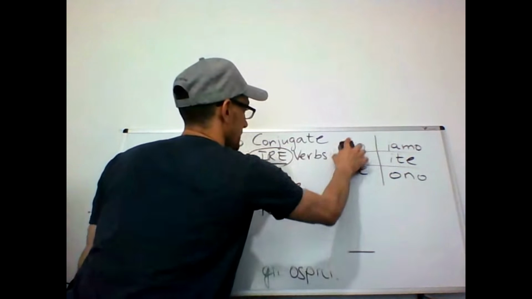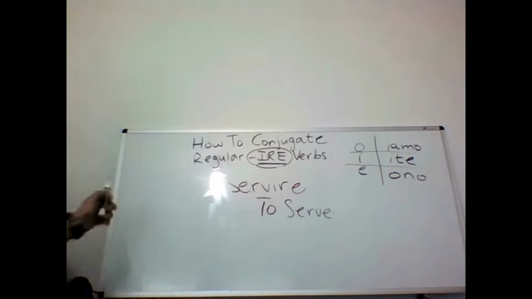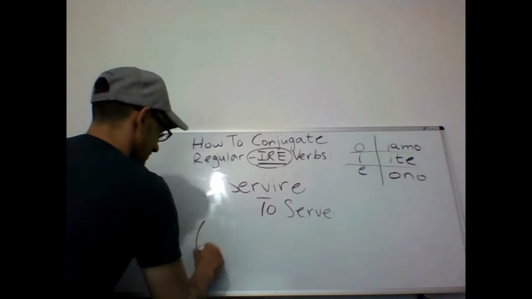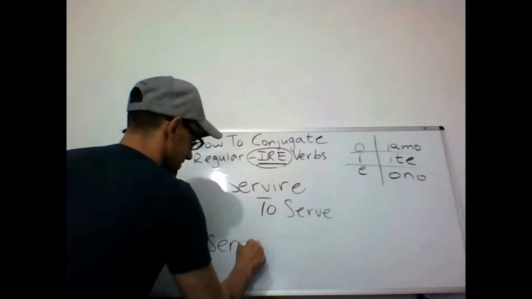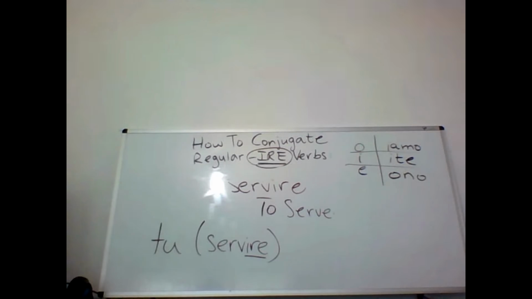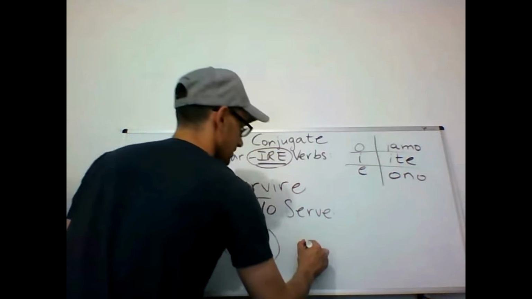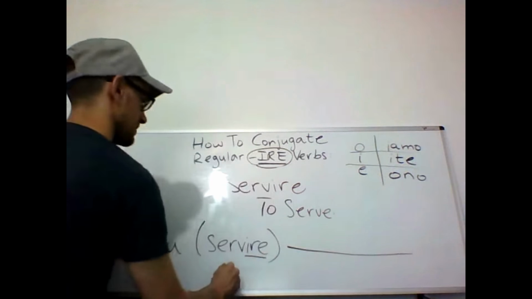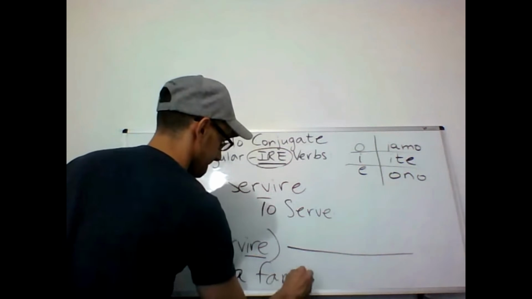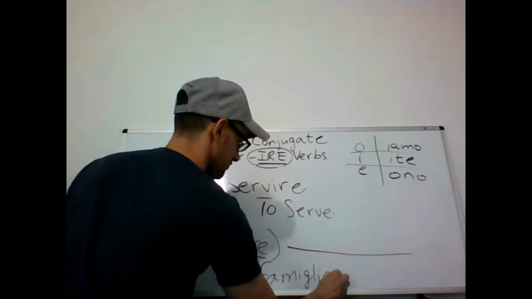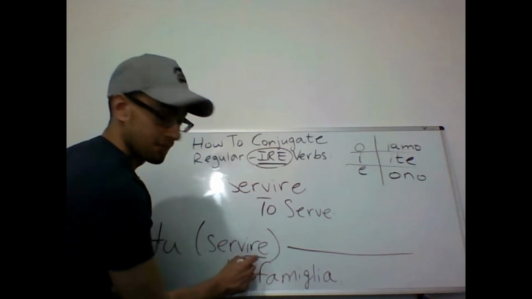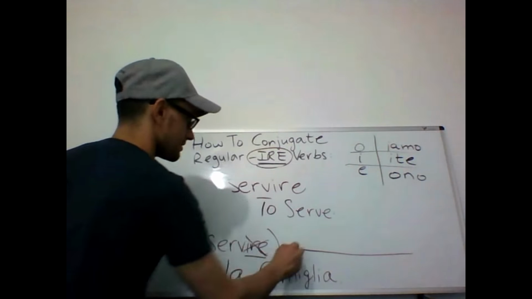Okay. Now, next one. Tu. Have the verb servire. Okay. There's our IRE. Let's say the family. So you serve the family. Here's the IRE. Gotta get rid of it.